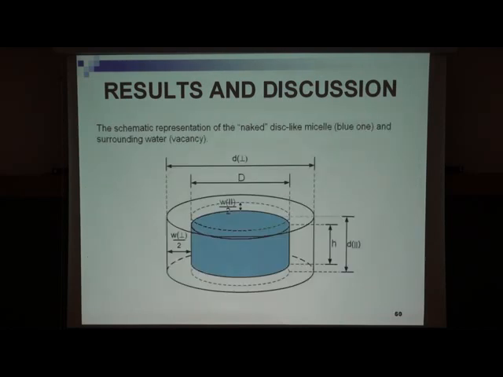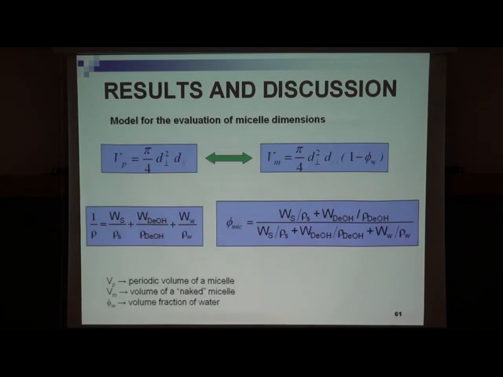Now, the Bragg values include the water molecules around the naked micelle. So we should subtract the effect of water surrounding the micelle. This is the model which can be found in the literature, not our model. And the periodic volume for these micelles can be obtained by this equation.